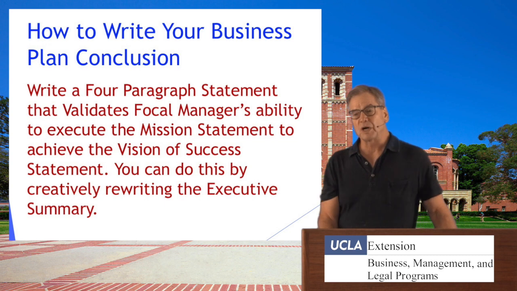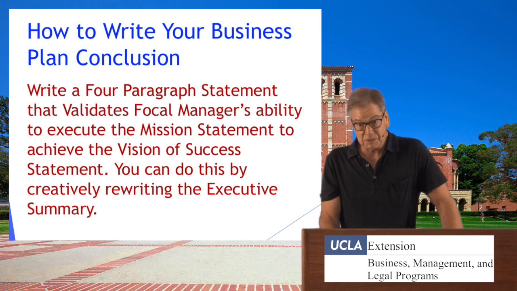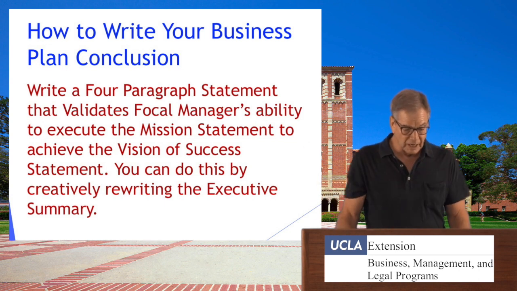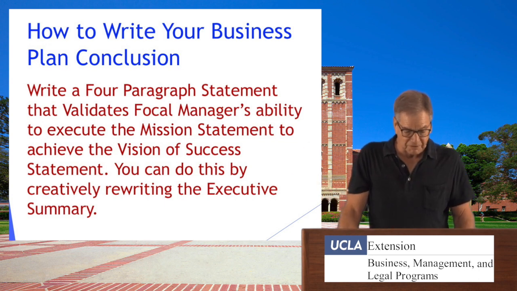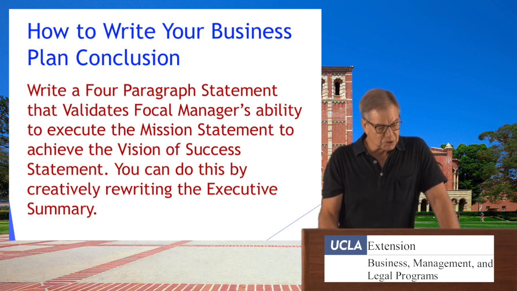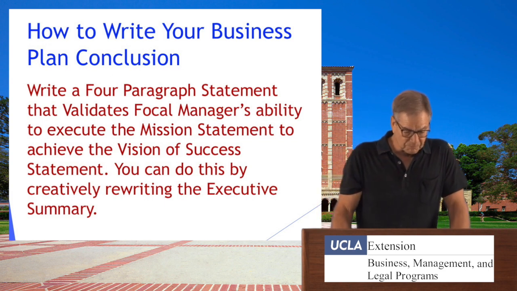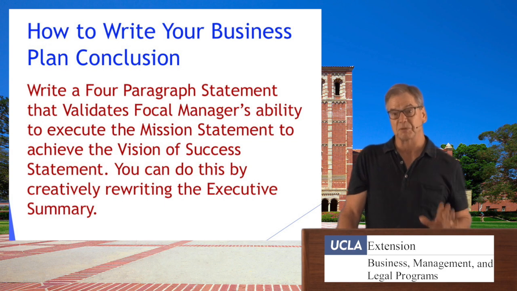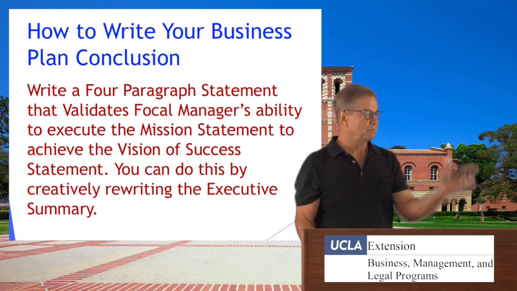When it comes time to write the conclusion of the business plan, I'm just going to read this. Write a four-paragraph statement that validates the focal manager's ability to execute the mission statement to achieve the vision of success statement. You can do this by creatively rewriting the executive summary. It's fine if it's a little bit brief, but basically summarize the whole business plan.